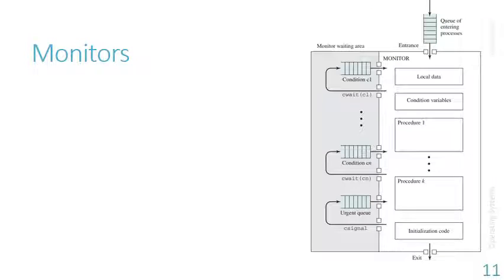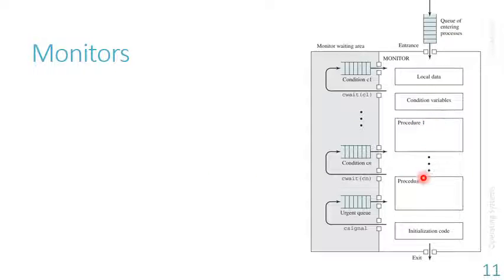Let me see here. So here we're seeing the actual better schematic of it, better than my drawing for sure. Here you can see the processes that want to use the monitor, and they want to use the monitor by using one of its procedures. So procedure 1 could deal with the printer, procedure K could deal with the scanner, or something like that.